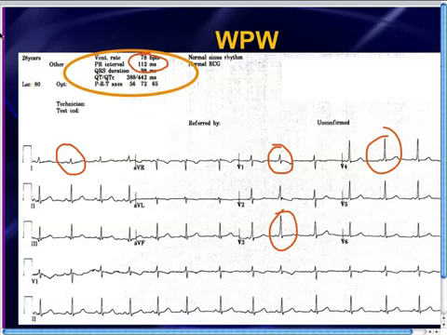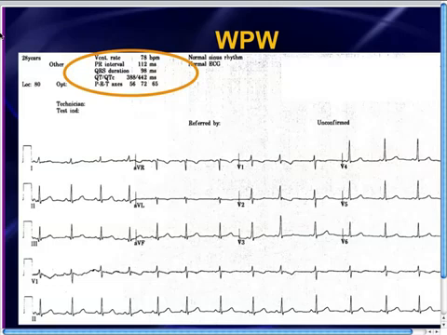Of the 12 leads, only 4 really show nice delta waves that are going to catch your attention. That's why, if you're in the habit of looking for delta waves, you're going to miss WPW, because most cases don't show delta waves in all of the leads. If you happen to look at the wrong leads, you're going to miss WPW, as the computer did here, and as the physician taking care of this patient initially did as well.